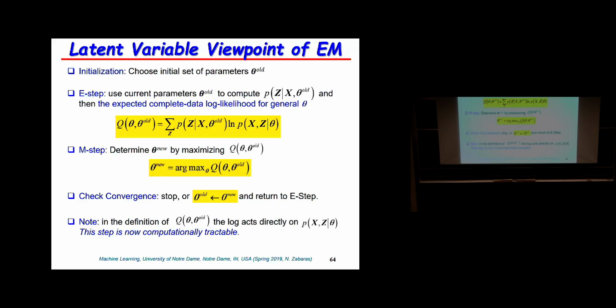Now we will see on the forthcoming slides that, okay, this looks like an MLE, right? Working with this expected complete data log likelihood, but if you put some prior on theta, you can modify this and you should be able to compute, with almost zero additional effort, the MAP estimate of the parameters as well.